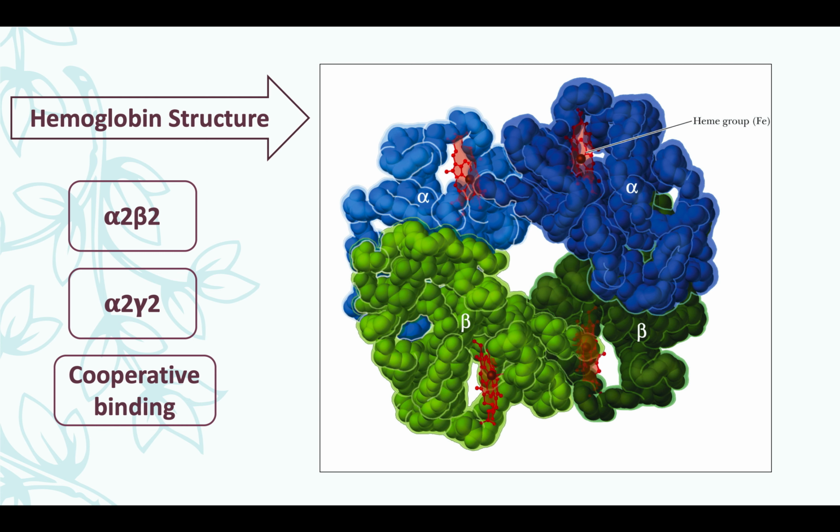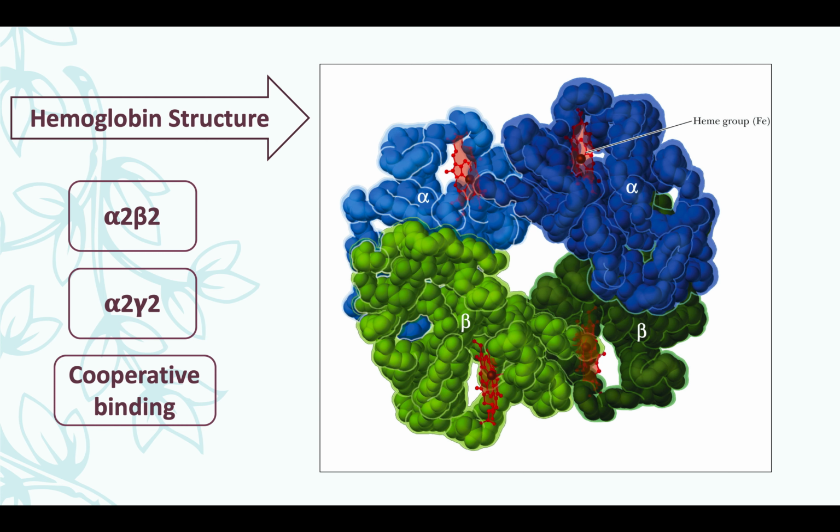This means that when one oxygen is already bound to a heme, it becomes easier for the next oxygen to bind to the other heme groups from different monomers. So the presence of oxygen in one of the heme groups increases the affinity of other hemes to oxygen.